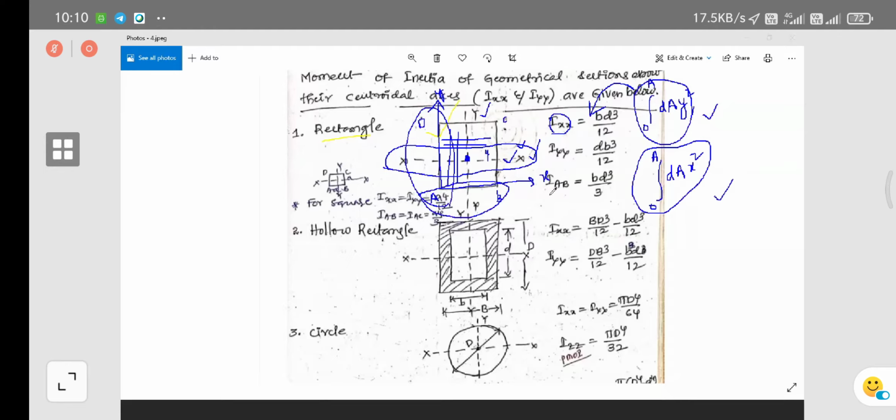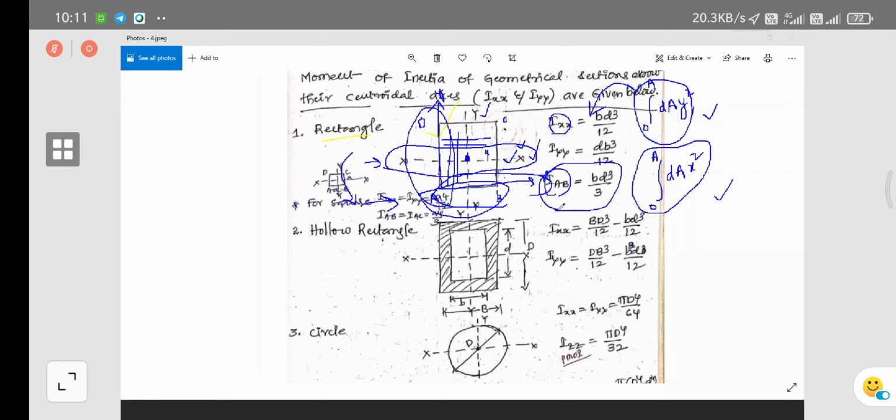Now if I want to find the moment of inertia about AB, this xx axis and this AB axis are parallel to each other. Then we go for implementing the parallel axis theorem. By that we get the moment of inertia as bd cubed by 3.